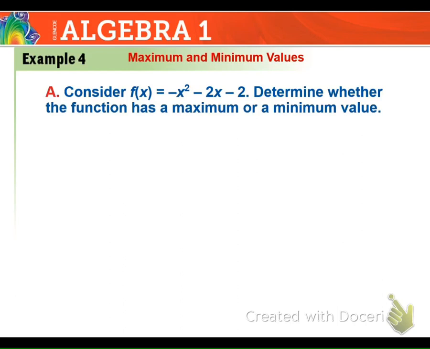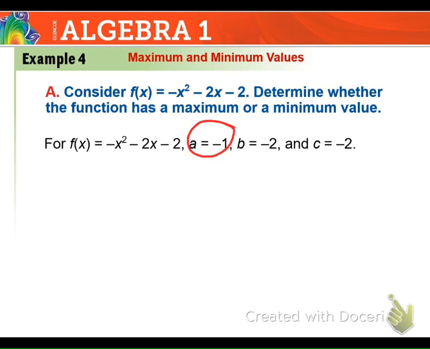Okay, so my a is -1, my b is -2, and my c is also -2 in this case. So remember, we just talked about how it's all going to depend on what a is. So in this case, a is negative. So do you remember from the previous slide what direction it should face? Take a moment and answer that question for me.